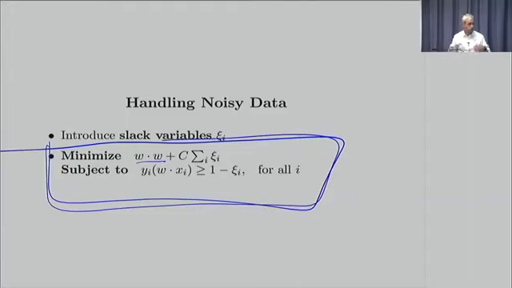Minimize the weight vector, your real variables of interest, plus this C times the sum over i of psi i, subject to the constraint that, blah, blah, blah. This is a valid optimization problem, and it does allow you to handle noise. And now, because we like to give things names, we call these the slack variables. So they are defined by the problem. It's not like I define them and then put them into the problem. I define the problem this way, and then these new things that appear in it, I just call the slack variables and use the letter psi to represent them. There's nothing deep there.